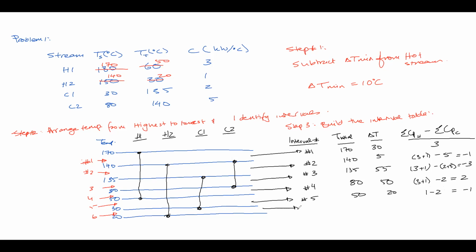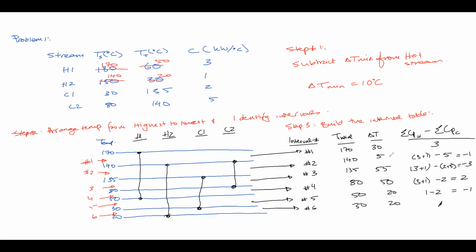And then my final interval, number 6: initial is 30, final is 20. I only have 1 hot stream, H2, and it has a Cp of 1. So I'm able to tabulate all of them: my intervals, my delta T's, my summation of Cp hot minus summation of Cp cold. I have calculated the required parameters.